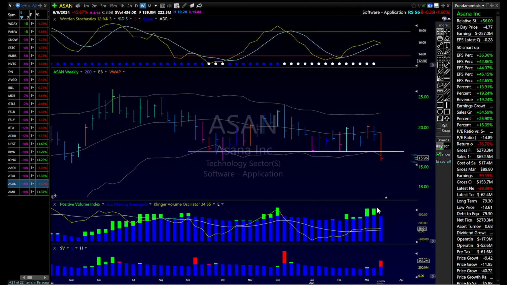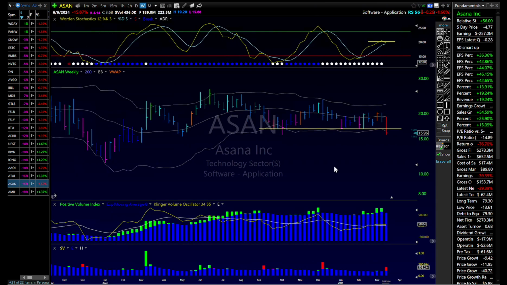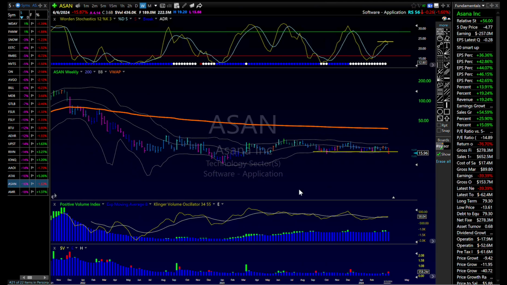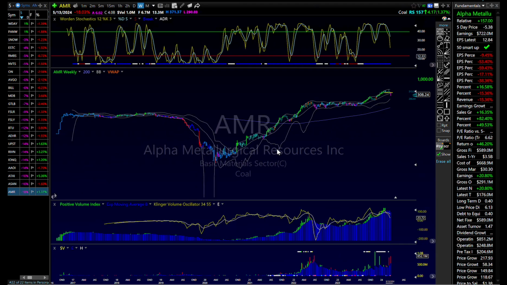Sun. That's a box breakdown. Lower high here. It's got some decent fundamentals. Man, AMR, I missed this one on the short side. I had it ready to go.